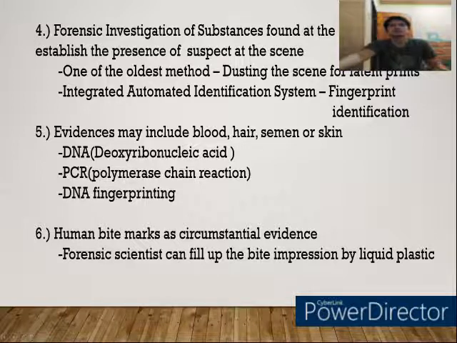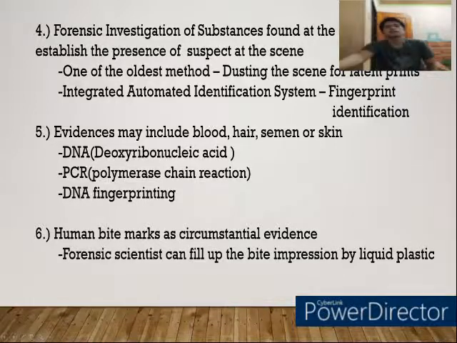DNA allows scientists to identify whether the blood, semen, or other biological evidence belongs to the victim or the suspect. DNA can be found in a person's blood, semen, hair, and skin.